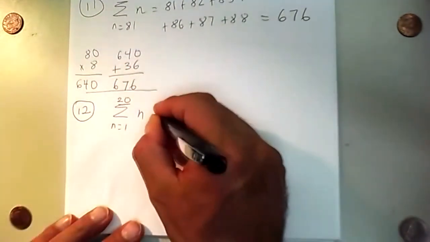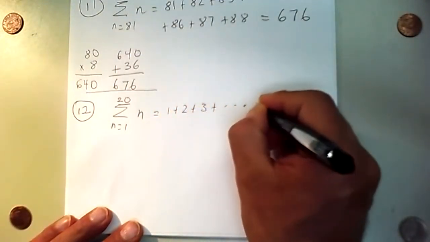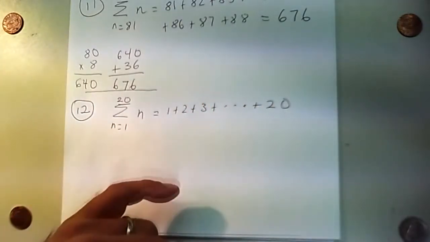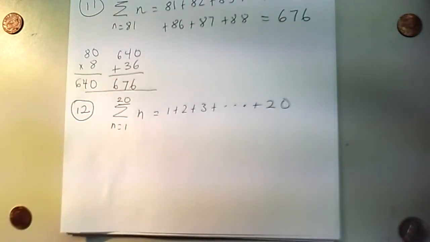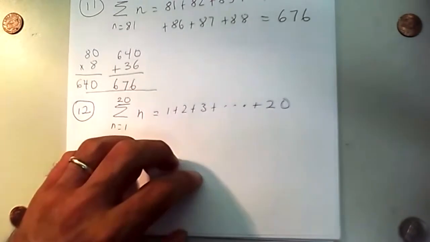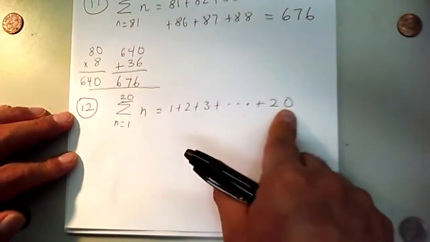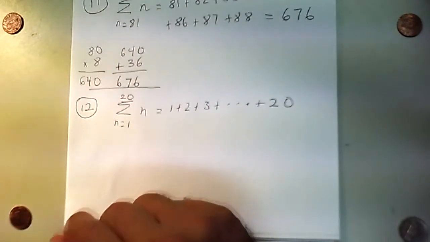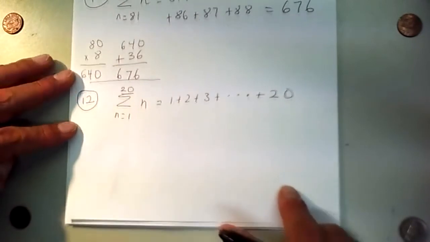So this means add 1 plus 2 plus 3 plus all the way up to 20. 1 plus 2 plus 3 plus 4 plus 5 plus 6 plus 7 plus 8 plus 9 plus 10 plus 11 plus 12 plus 13 plus 14. I think I lost count at one point. But anyway, we have to count them all to 20. And you may be thinking, yeah, how? I mean, we can use a calculator. But let's start being a little sneaky about this.